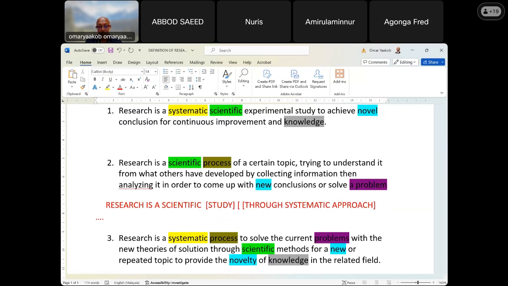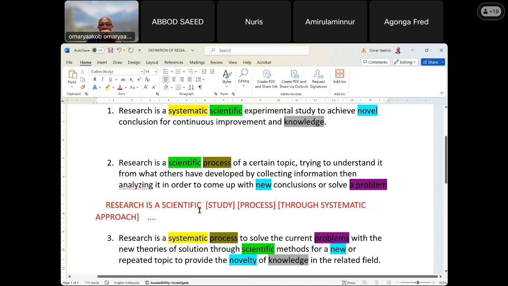A scientific process is automatically systematic. So if we say a research is a scientific process, I believe the two words combined together mean systematic, because a scientific process follows a systematic procedure. What we are actually discussing is if scientific and systematic are the same, but what I'm seeing here is scientific process being the same as systematic, and not just scientific.